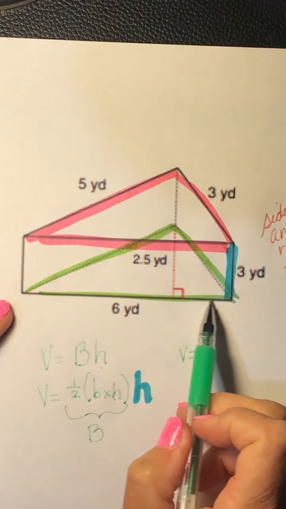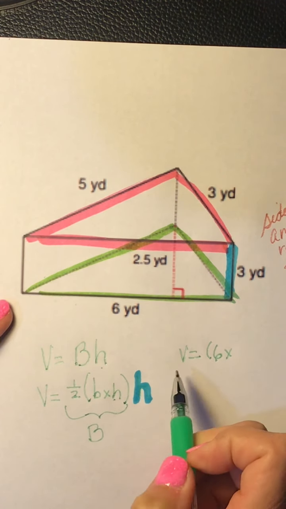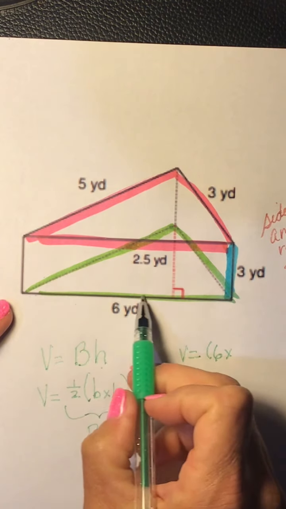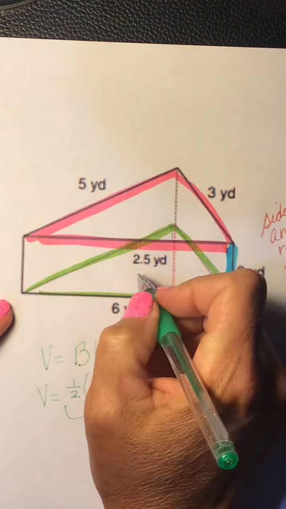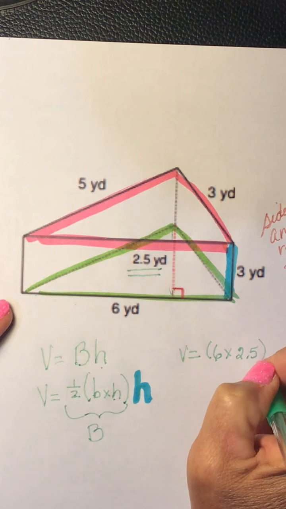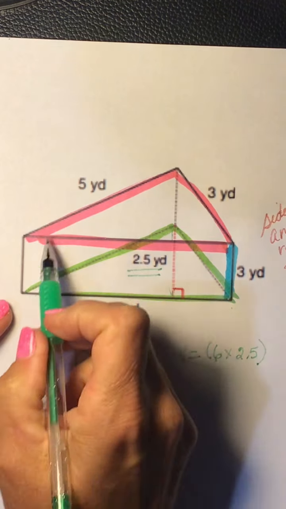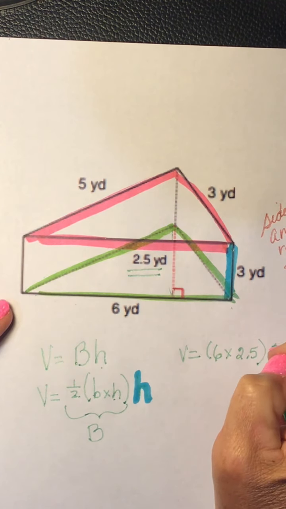So this base happens to be 6 times the height of this triangle is this measurement, which is 2.5. And the height of the entire prism is this height, which is 3.